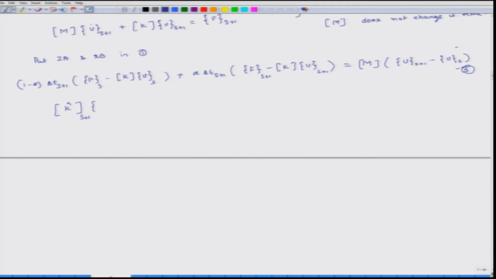So, here it should be noted that now I am changing K also with respect to time, and this times the primary variable vector at time step s plus 1 equals K hat evaluated at time step s times U evaluated at time step s plus a force vector, and this is called F hat, it is different than F, and this is evaluated both at time step s and s plus 1, it depends on both.